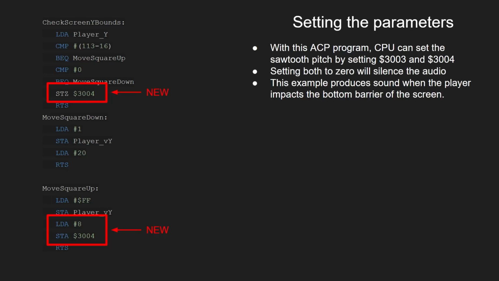In this example, we modified the vertical collision detection routine, so if the player hits the bottom barrier, we'll store the value 8 into wave rate H. If no collision occurs, then we store 0 to silence the sound. This should result in a sawtooth that repeats every 32 samples and produces a 437 Hz tone, which is just slightly flat of middle A. Note that we've skipped over the use of NMI for now to keep the example simple.